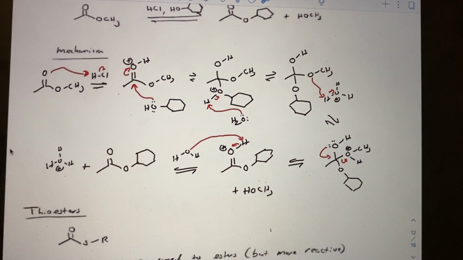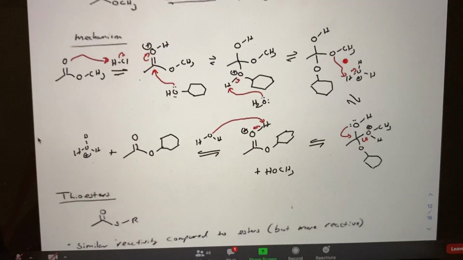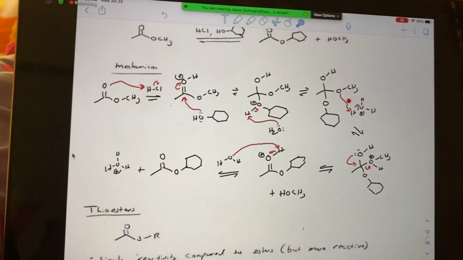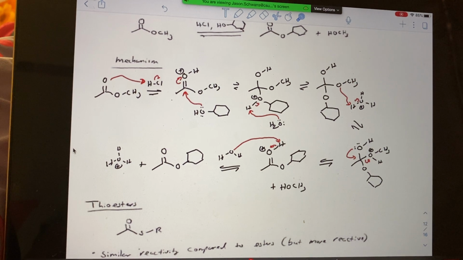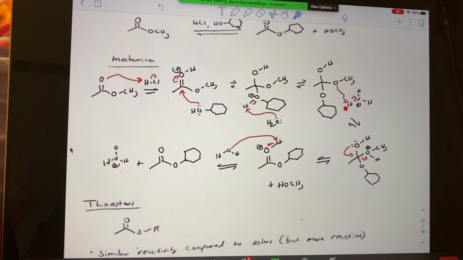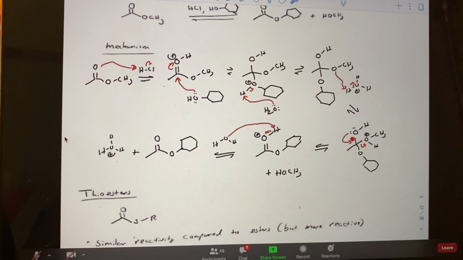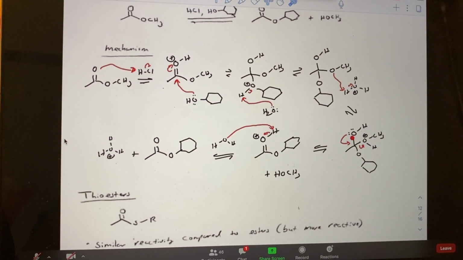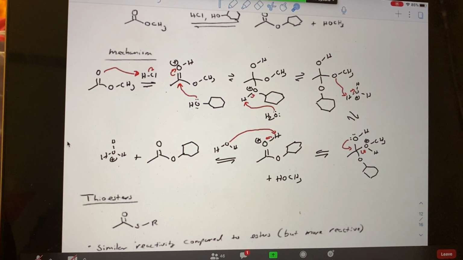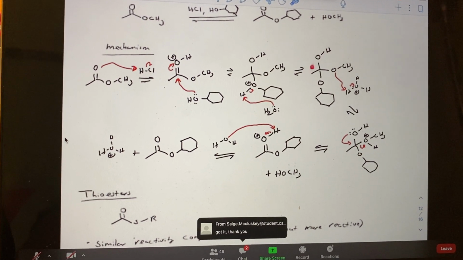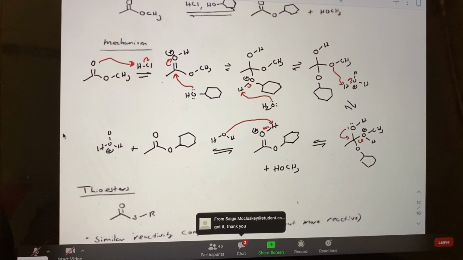So we don't really have a good driving force to kick out this leaving group as methoxide under these acidic conditions. So instead, it's going to be more energetically favorable in the presence of acid to protonate first, make this a good leaving group, so that now our neutral oxygen with these lone pairs of electrons on it can then kick out the methoxide. So this is a much less reactive species as it is to start with.